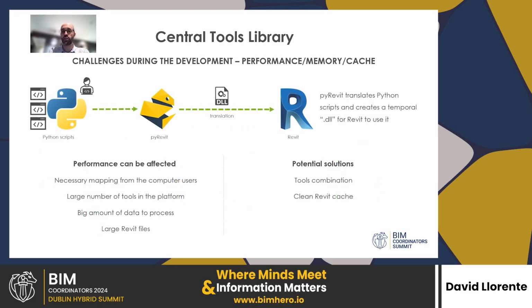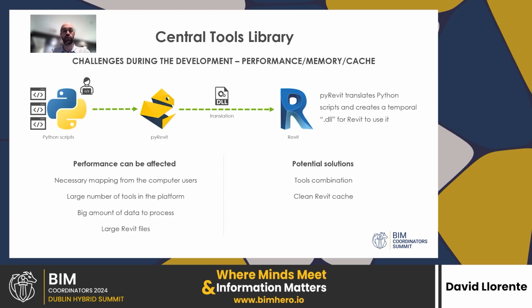Additionally, when the tool is growing very big, it's possible to have some performance issues, because Revit needs to translate the tools from Python to Revit to C# to allow Revit to read them. The bigger the tool, the more time it consumes. Additionally, we were storing the code in the server of the company, so that was already creating some latency.